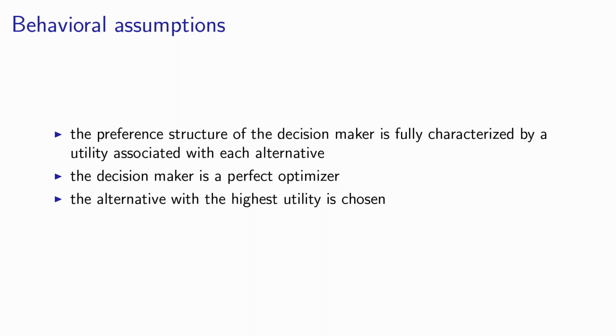So in summary, the behavioral assumptions that we will use in our context are that the preference structure of the decision maker is completely characterized by a utility function, which is associated with each alternative. And the decision maker is assumed to be an optimizer, and a perfect one, who is able to choose the alternative associated with the highest utility.